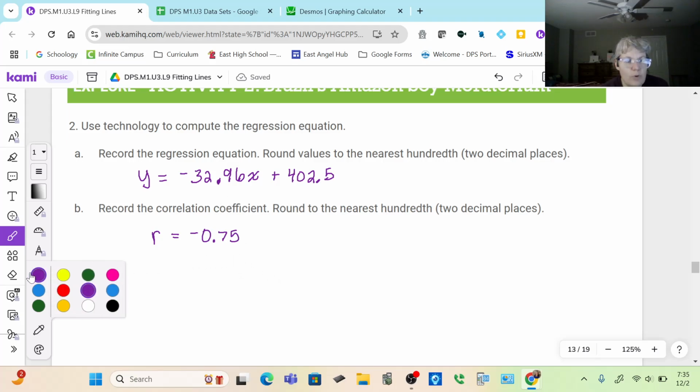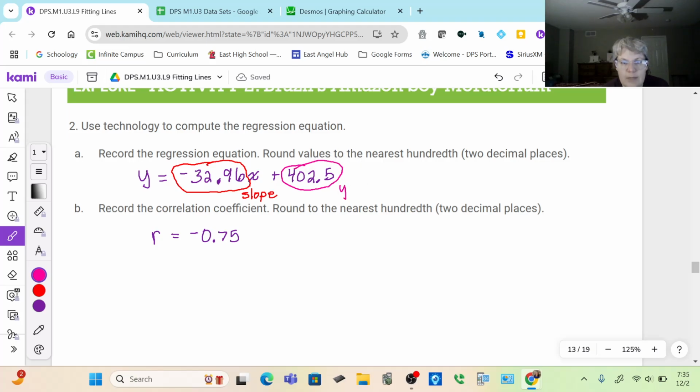Now, before I go to number 3, I do want to point out that the number that precedes or is immediately in front of x is your slope. So negative 32.96 is our slope, and the number that follows, the number that's at the end, is our y-intercept.